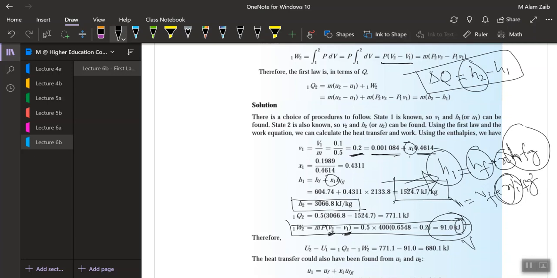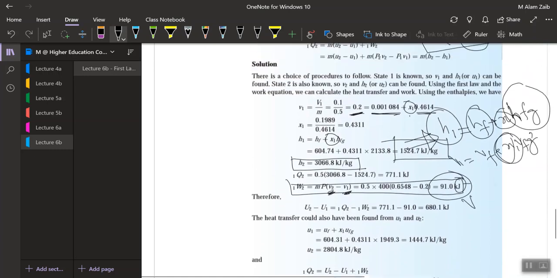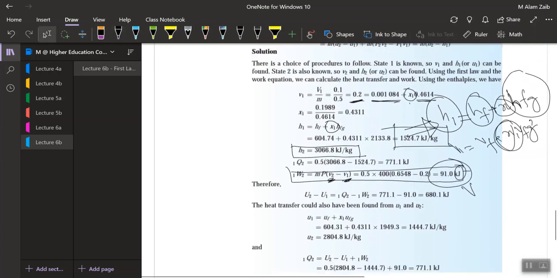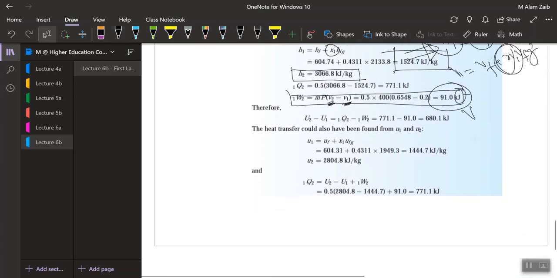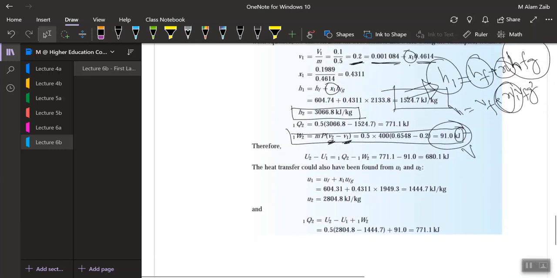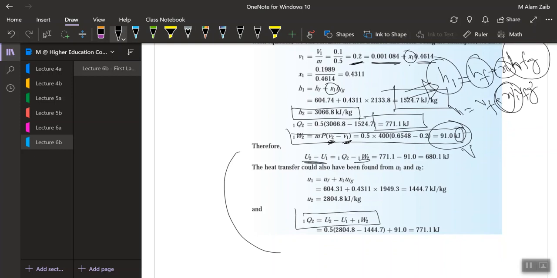Now you have both enthalpy H1 and enthalpy H2. You can simply put them back in there, and the change in heat would be equal to the change in enthalpy. This is the second method: if you are not looking for the enthalpy but for the change in internal energy and work done, the equation would be Q equal to change in internal energy plus work done.